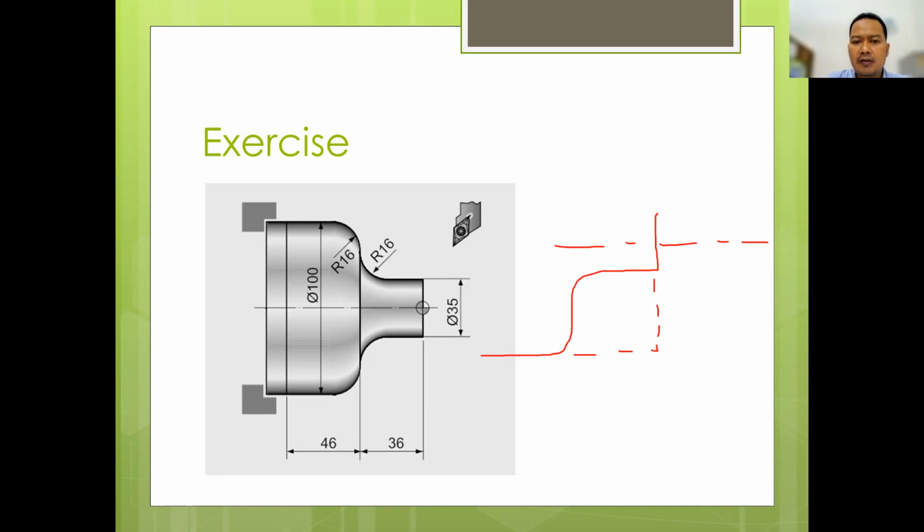You see this one, that's the distance: 100 minus 35, divided by 2. So this is 32.5.